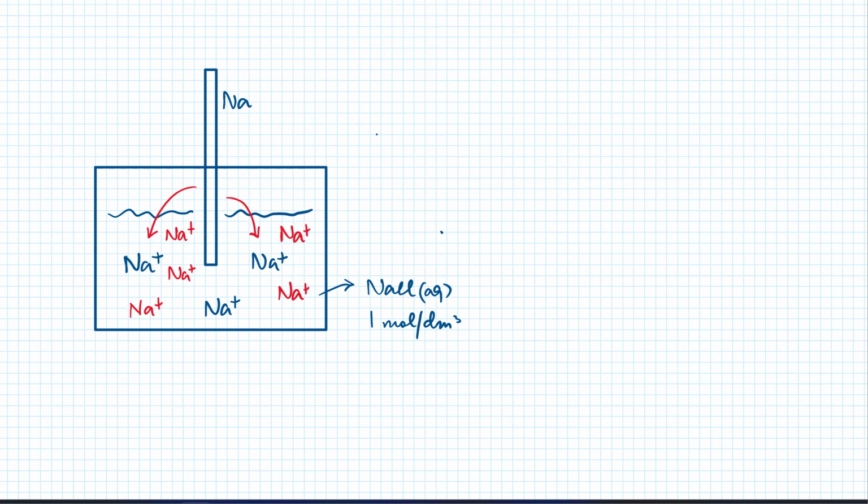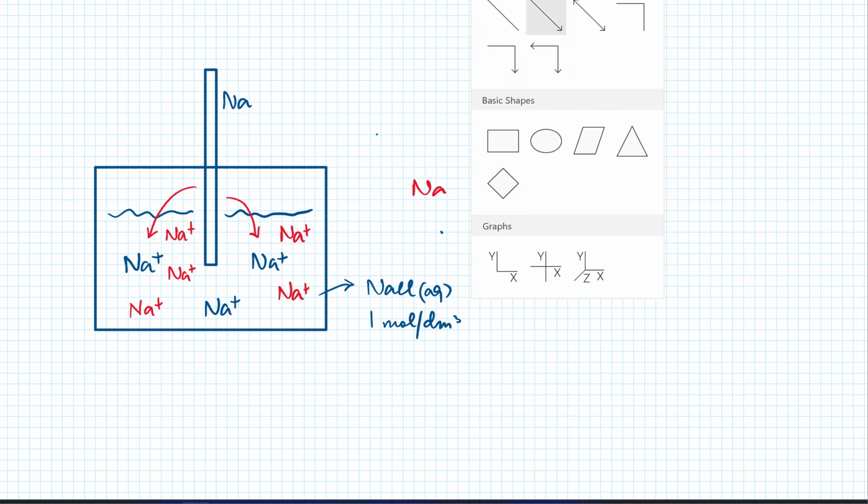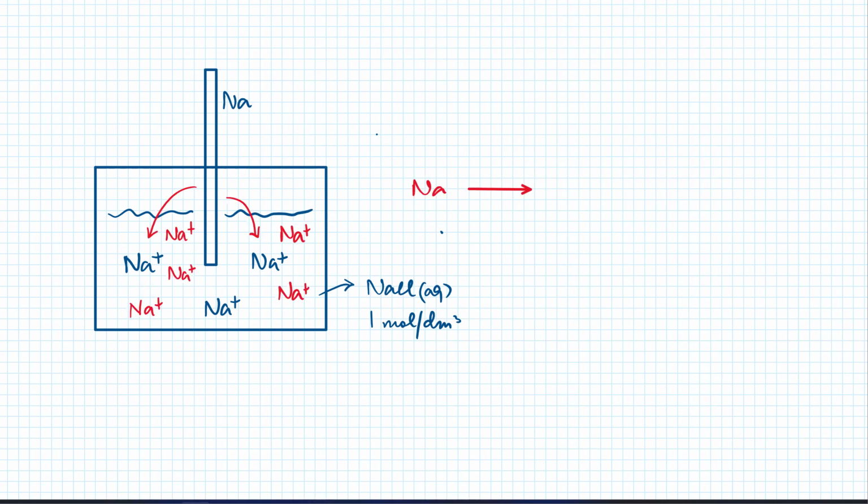Clear? Okay, a lot of sodium ions are going to get produced, because we already know that sodium likes to lose electrons.